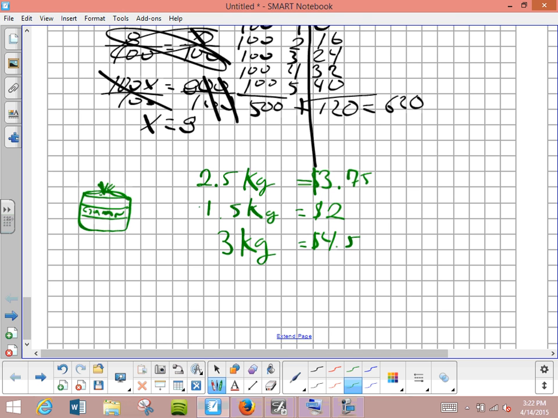Yes. Well, you can't just add kilograms. Yes.